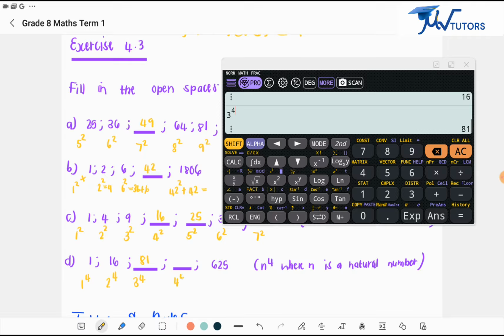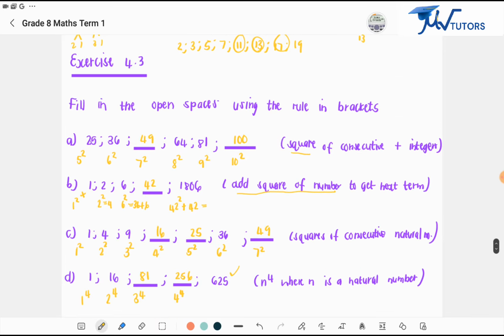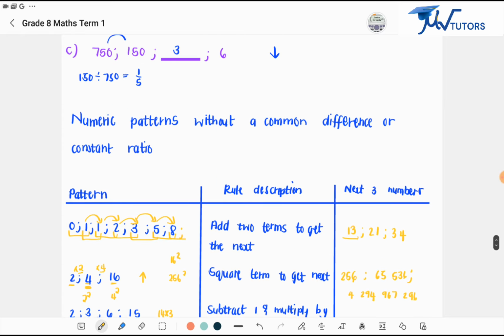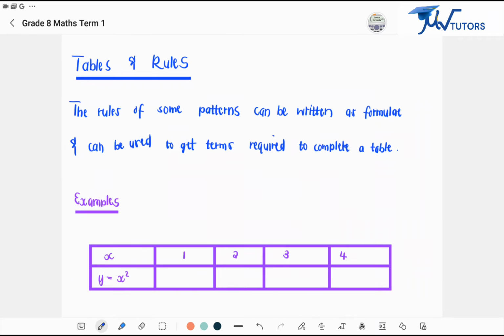And 4 to the power 4, what would that be? It is 256. And what is 5 to the power 4? It's 625. Okay, so that's basically it, guys. We are done with looking at patterns that don't really have a common difference or a constant ratio.